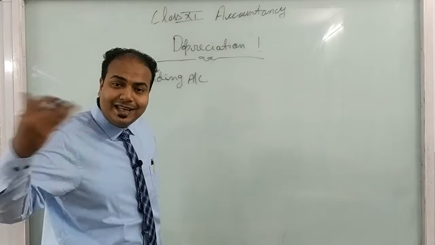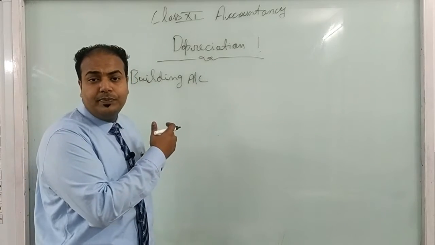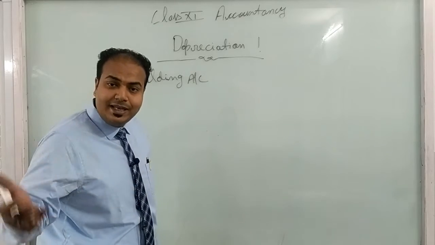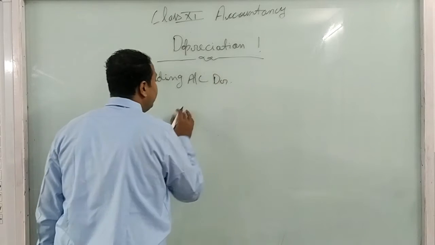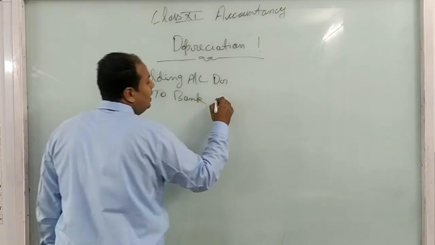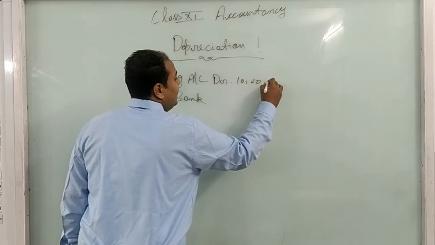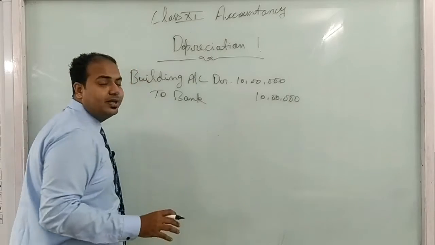If your asset is increasing, then it will be debited. In this transaction also, the asset in the name of building is increasing, so it will get debited. So the entry will be building account debit to bank. We have purchased it through bank, so the amount is rupees 10 lakh. Is it clear? This is the entry for purchasing your asset.